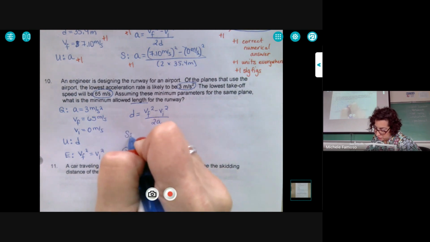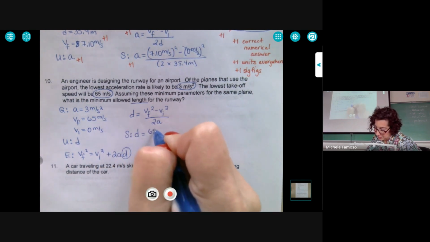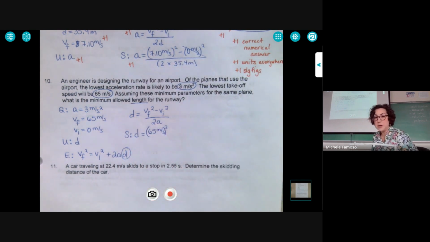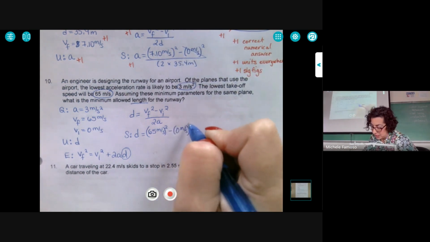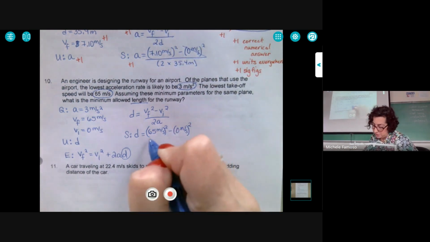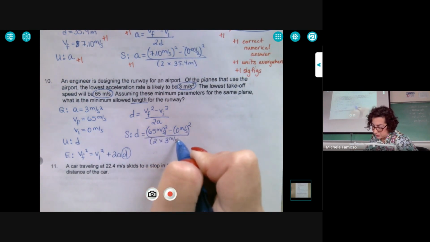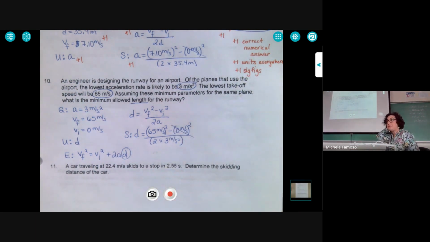Now we can do our substitution with units. So the distance is 65 meters per second, that quantity squared, minus 0 meters per second, that quantity squared, all over 2 times 3 meters per second squared. Now, of course, you can ignore the 0.